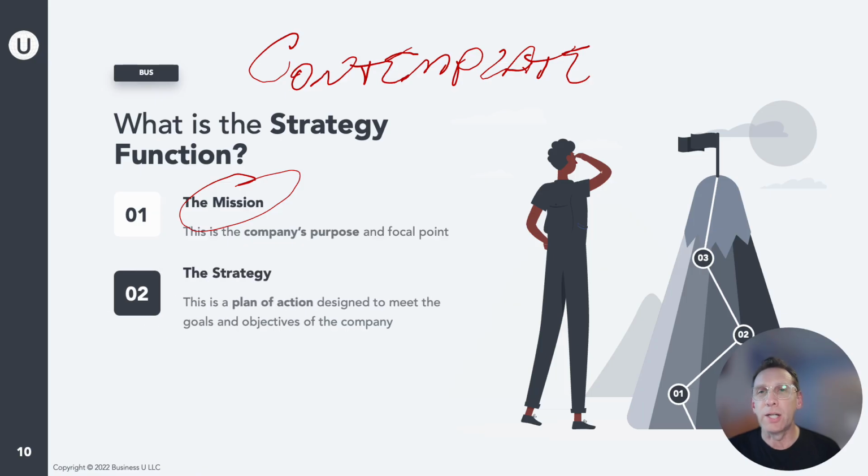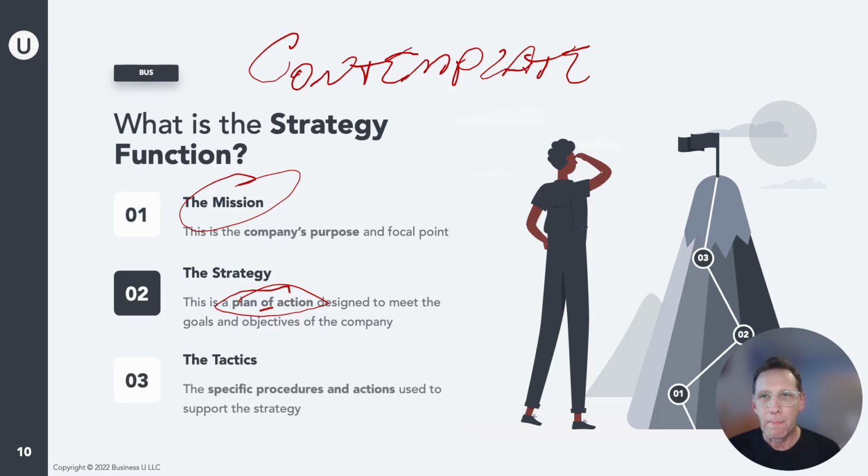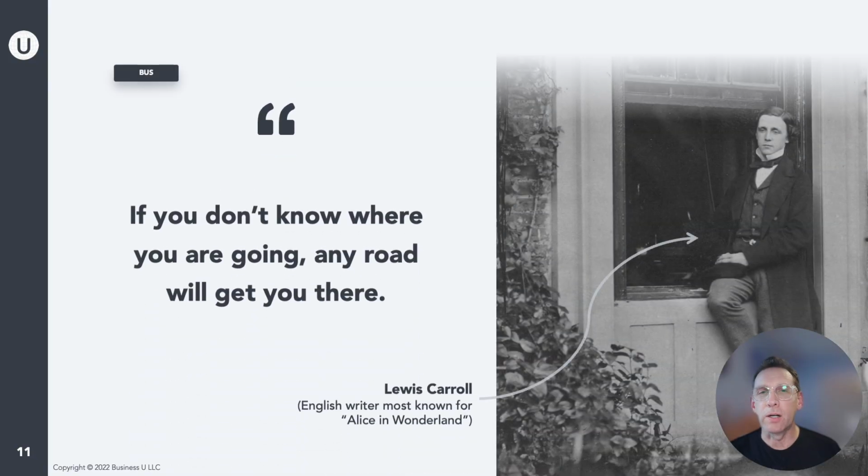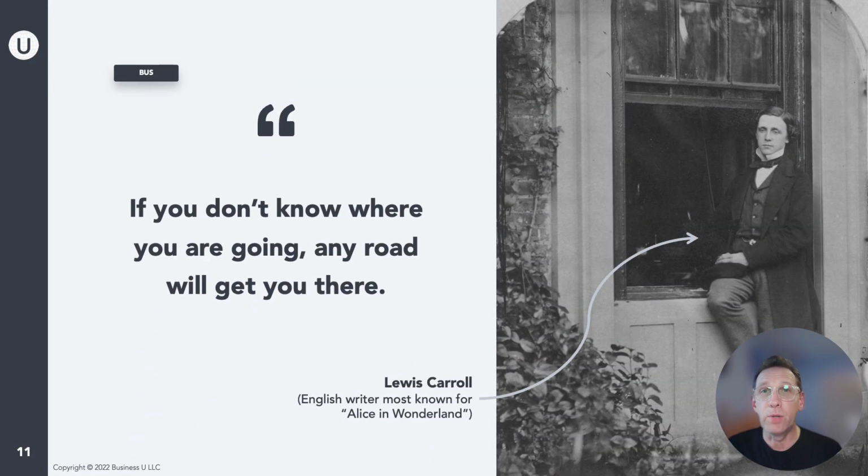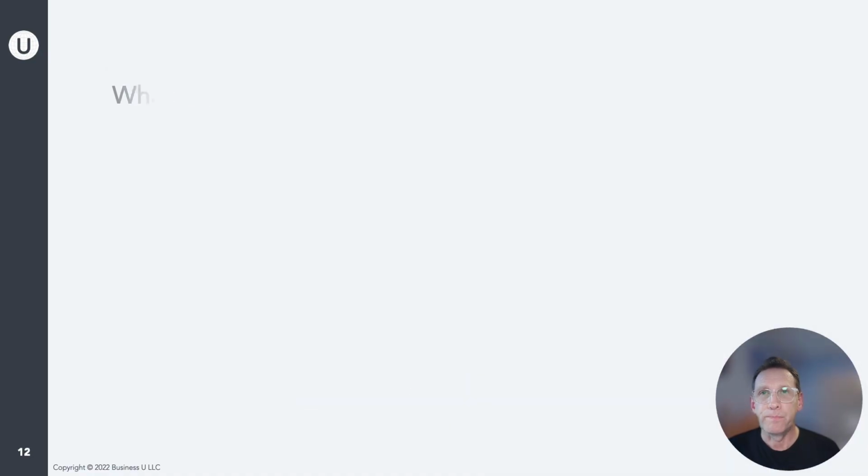Next comes the strategy. This is your plan of action designed to meet the goals and the objectives of the company. And the tactics are the specific procedures and actions used to support the strategy. Lewis Carroll, who wrote Alice in Wonderland, said if you don't know where you're going, any road will get you there. And that's really what the strategy and the contemplate is all about.